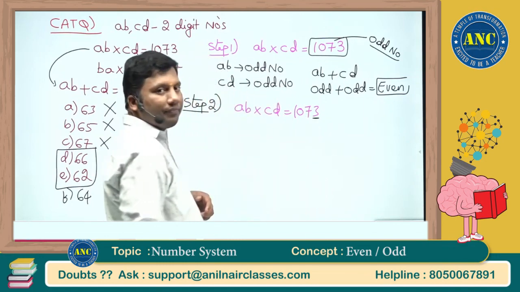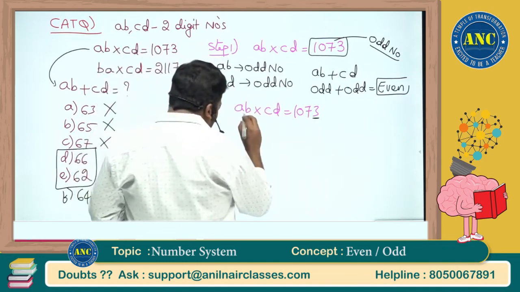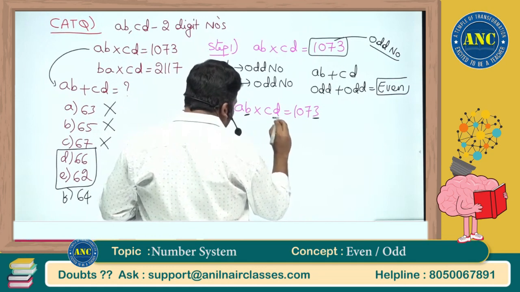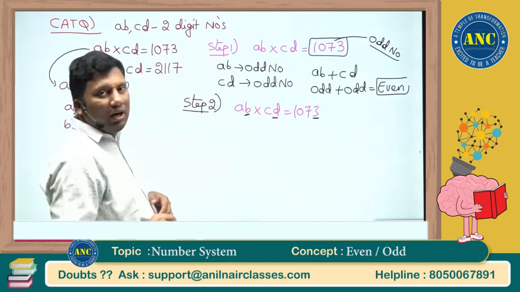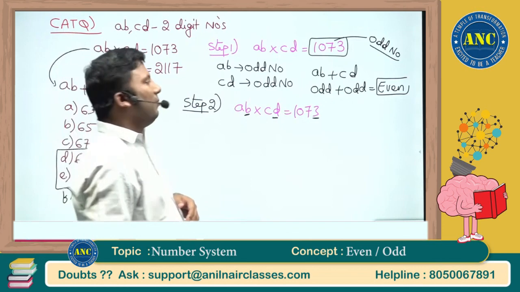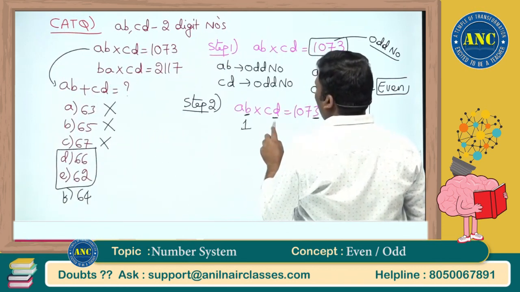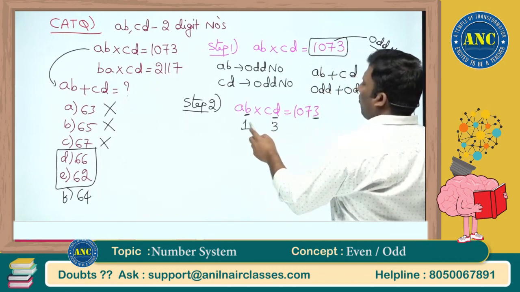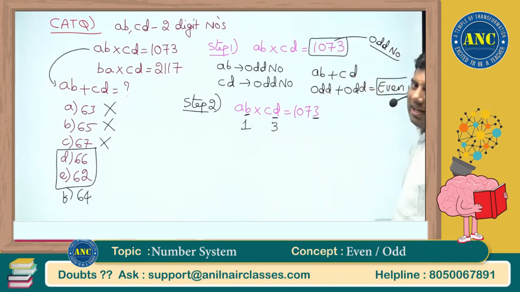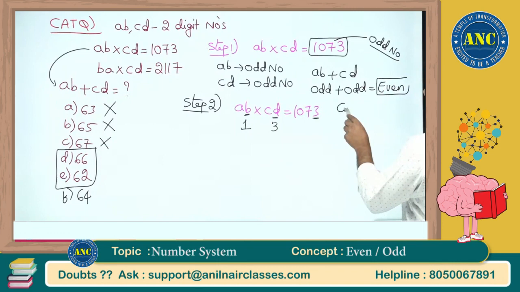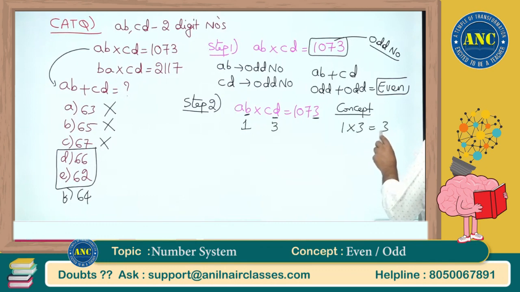It is 3. Can I say this 3 is derived from B and D? B into D only I got 3. That means B can be 1 and D can be 3. 1 into 3 is 3. Beautiful concept. Listen carefully, sir.